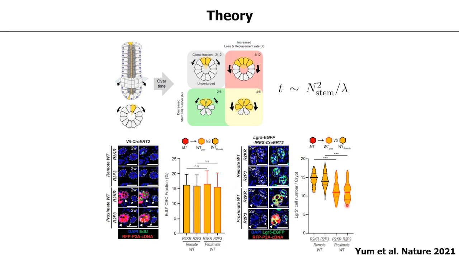Whereas when we check the stem cell number, we found that the yellow clones have a much smaller number of stem cells compared to the wild type clones that are far away from the mutants. So this means that somehow the red clone here is secreting something with which they can reduce the stem cell number that is sitting next to it.